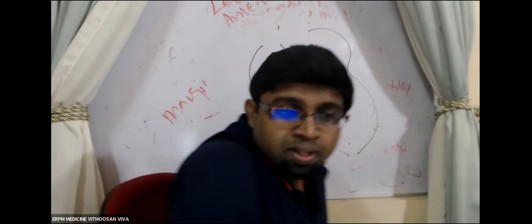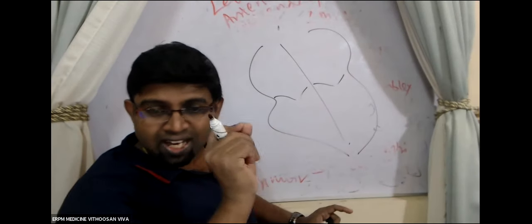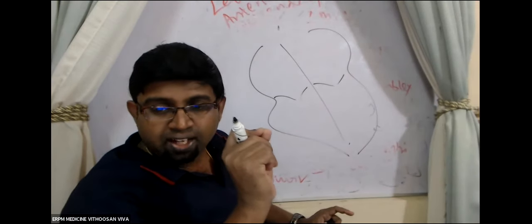If you remember the conduction system of the heart, the electrical activity starts from a node called the SA node.